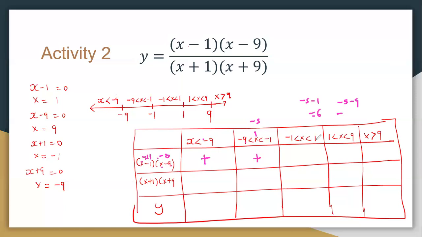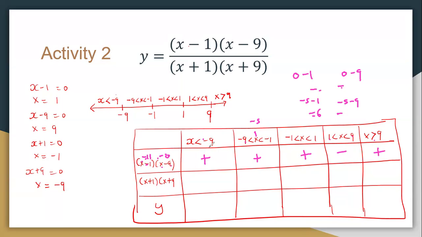What about between negative 1 and 1? I will take 0. So this will be 0 minus 1 and 0 minus 9. This is negative and negative. Negative times negative, I get a positive. Put any value between 1 and 9. Say 8 is here. 8 minus 1 is 7. 8 minus 9 is negative 1. So positive times a negative, you get a negative. Any value above 9, say 20. 20 minus 1, 20 minus 9, you get a positive value.